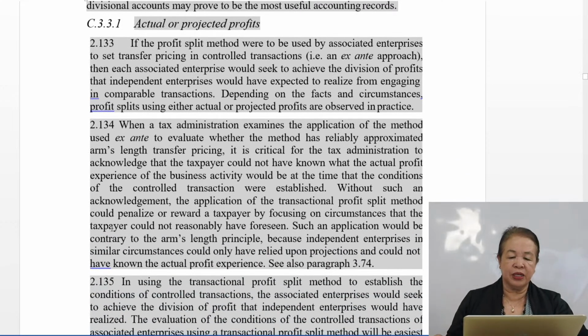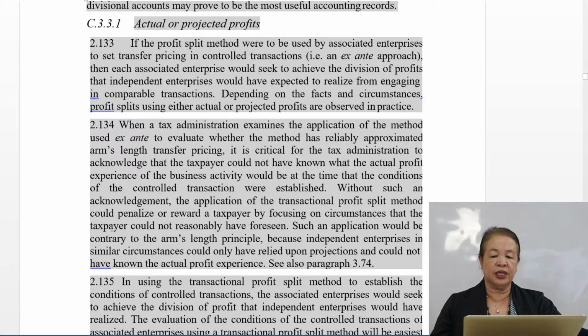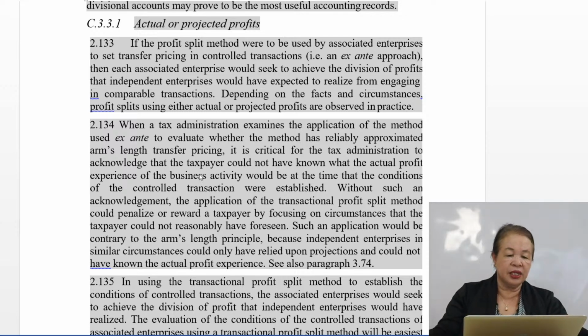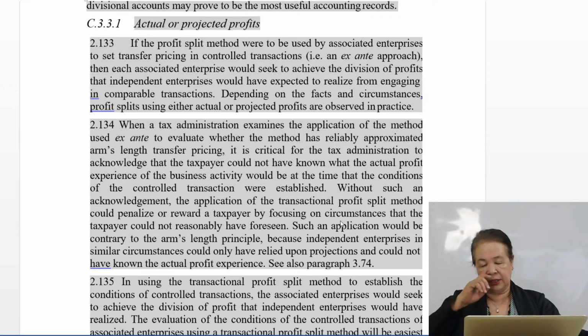If the profit split method were to be used by associated enterprises to set transfer pricing in controlled transaction, an ex-ante approach, then each associated enterprise would seek to achieve the division of profits that independent enterprises would have expected to realize from engaging in comparable transactions, no? So depending on the facts and circumstances, profit splits using either actual or projected profits are observed in practice, no?